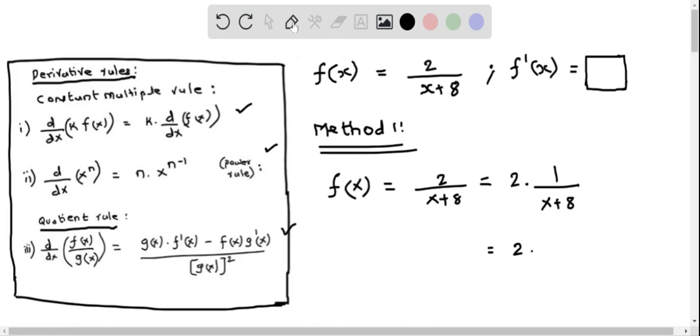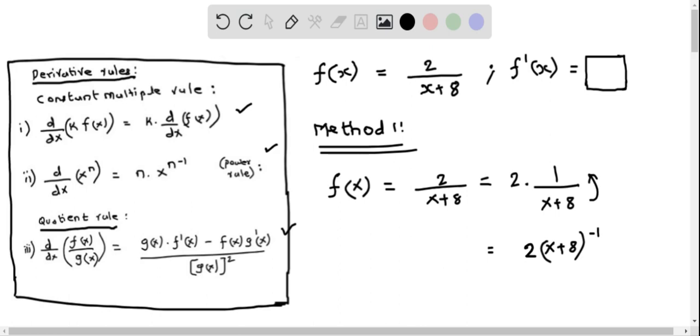So I can write this as x plus 8 raised to the power of negative 1, because x plus 8 raised to the power of 1 in the denominator, when this comes to the numerator, we can write as x plus 8 raised to the power of negative 1. So it's basically 2 times x plus 8 raised to the power of negative 1.